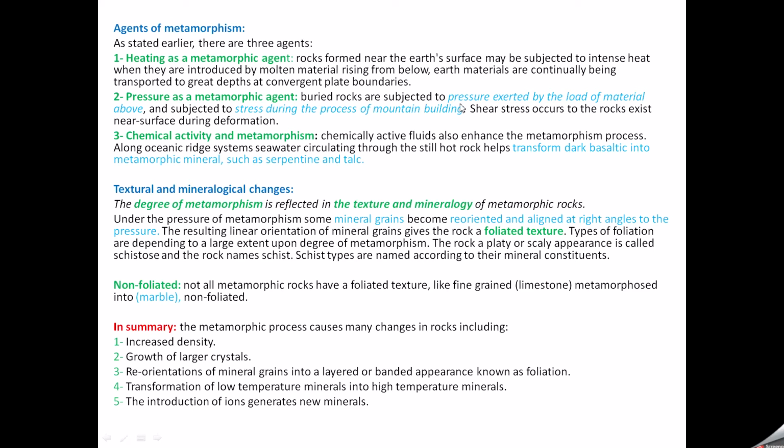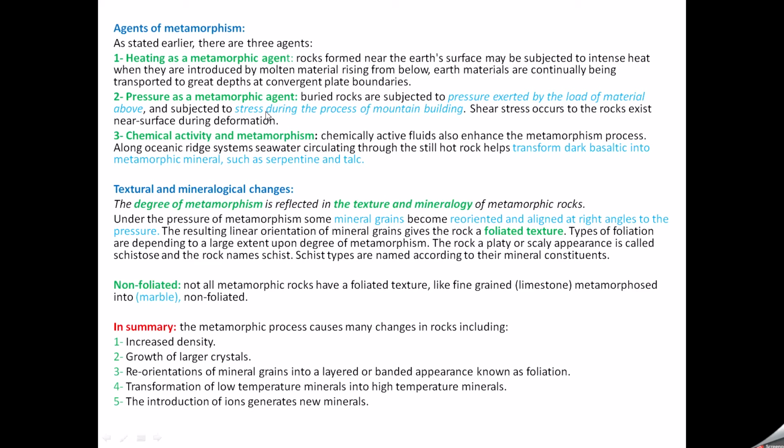Buried rocks are subject to pressure exerted by the load of material above. So when we have sediments buried and the package of sedimentary rocks is so thick, that will cause a lot of pressure at the lower packages and lead to metamorphism.